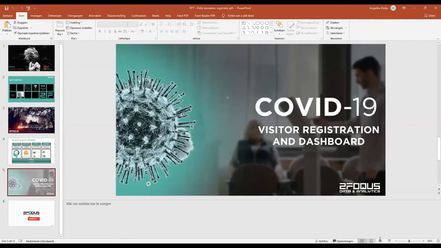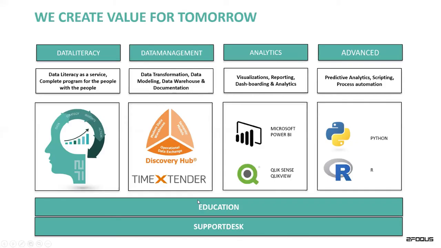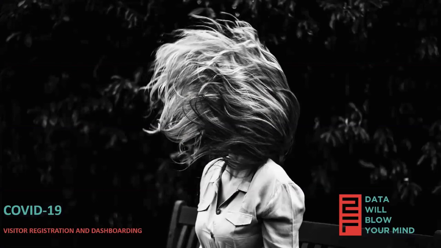Yeah, correct. So I hope you can all hear me well. I'm going to share my sheets first. Some sheets we prepared. So my name is Angelica. I am from the company in Holland called 2Foqus. We built the contact registration app.